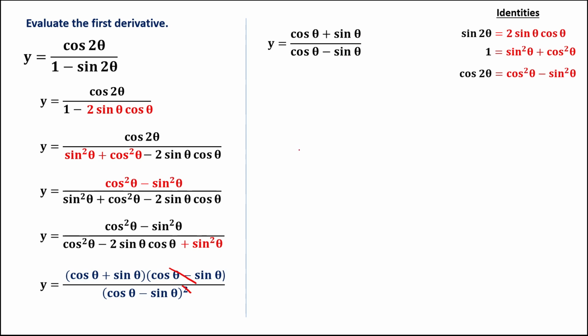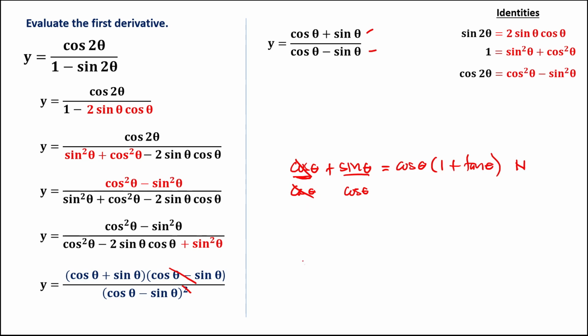Then from this, in the numerator, if we have cosine θ plus sine θ, observe that if we put this cosine θ outside, so divide by cosine θ, this is 1, then plus, divide by cosine θ, since sine over cosine is equal to tangent θ, this is now the numerator.